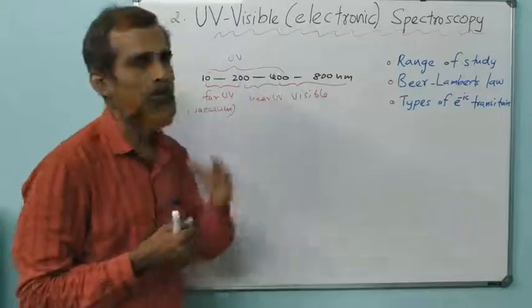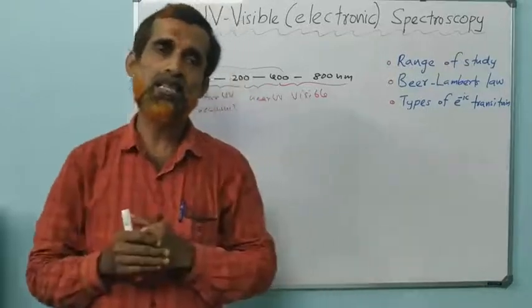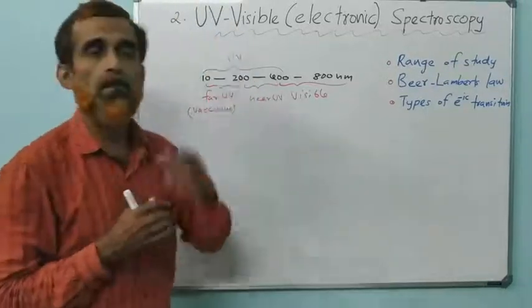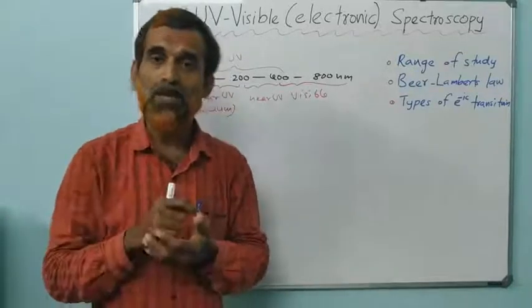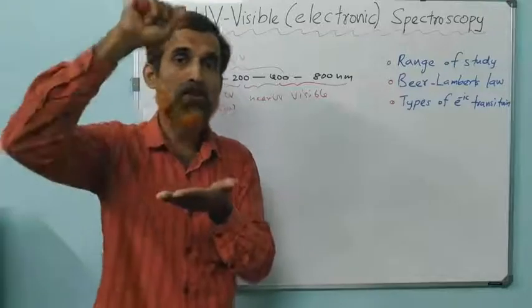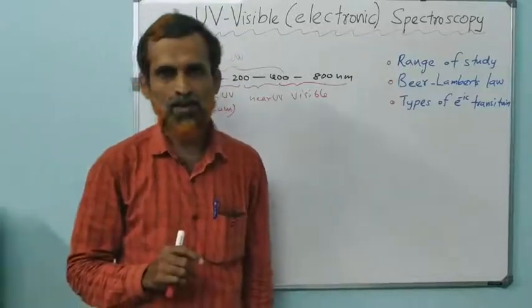But in electronic spectroscopy or UV visible spectroscopy, there is no such condition. That means all molecules are able to absorb UV visible radiation. It is because during electronic transition, you know that movement of electron itself creates an electric pulse, right?